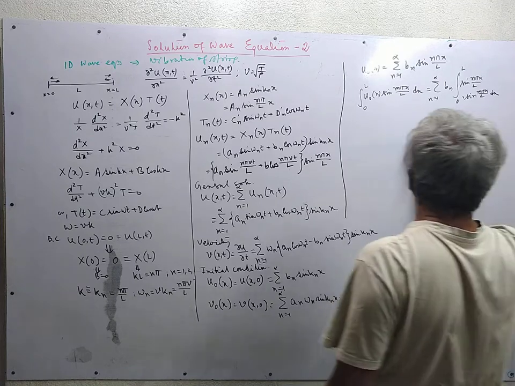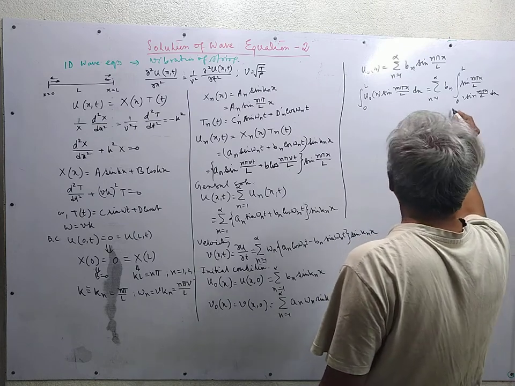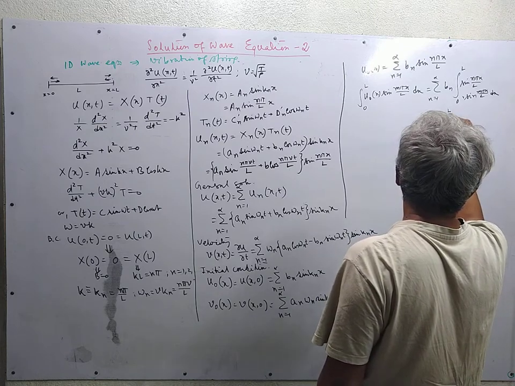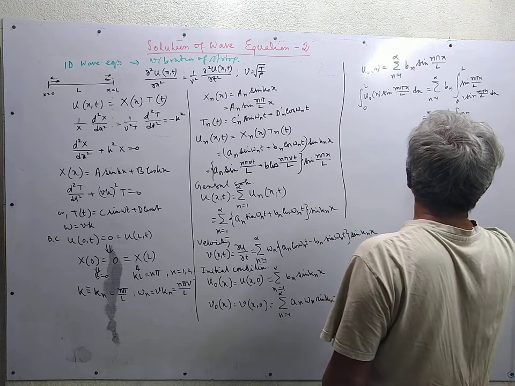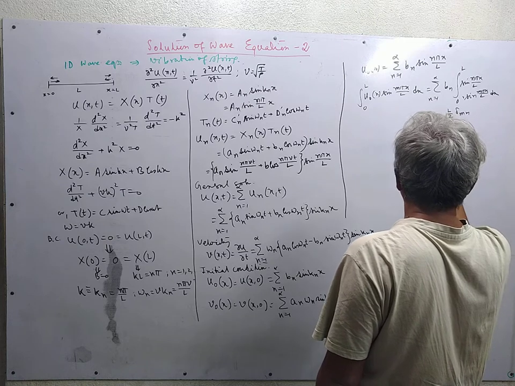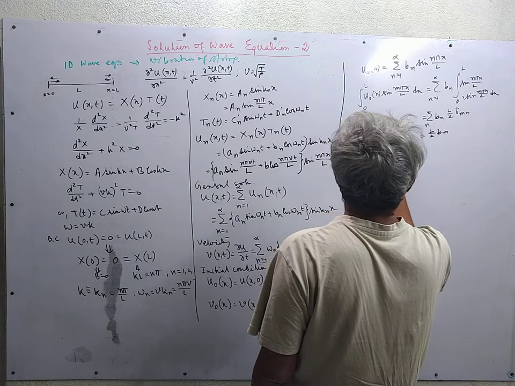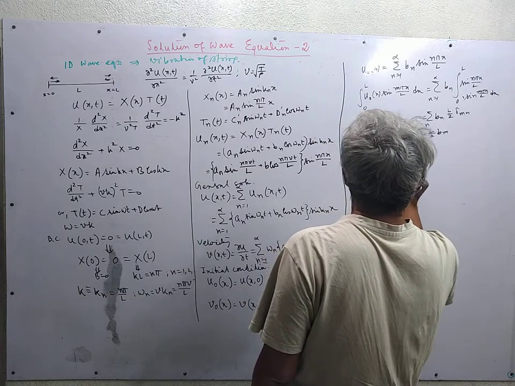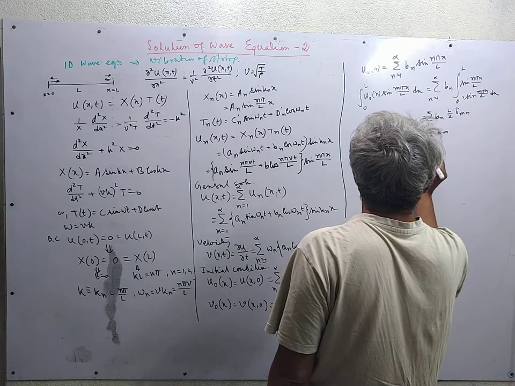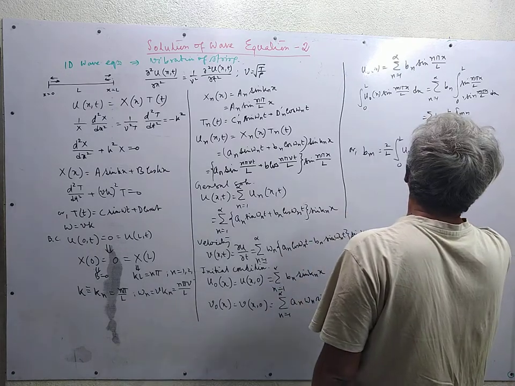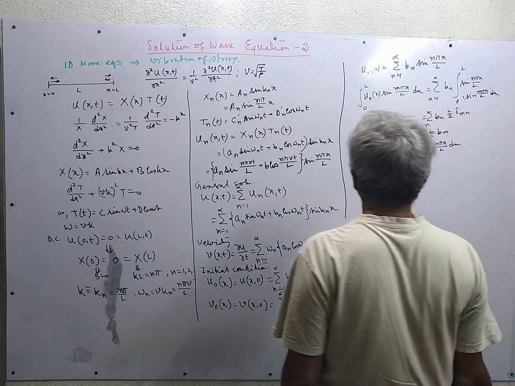This integration is equal to summation over n bn L by 2 delta mn. So this is equal to L by 2 bm, or we have bm is equal to 2 by L integration from 0 to L u0 of x sine of m pi x by l dx.